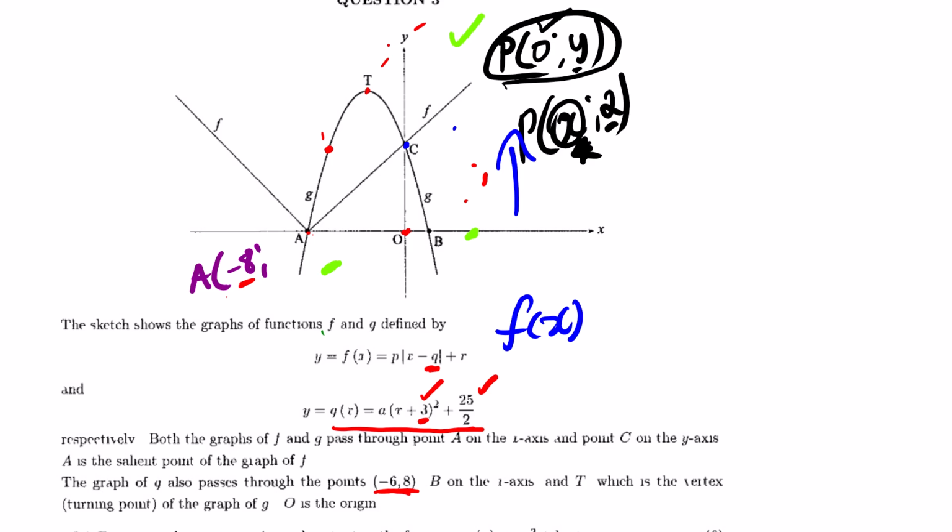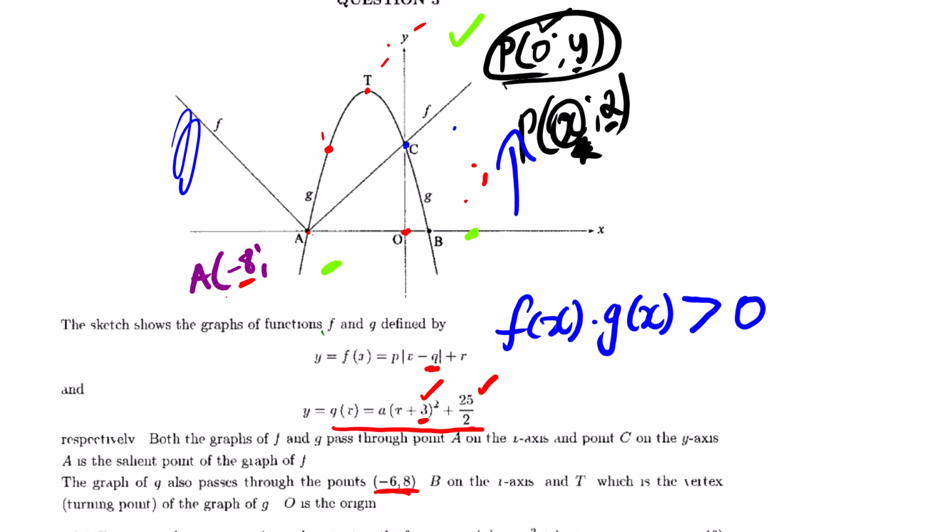In order for this inequality to be valid, greater than 0, we are looking for the region whereby these two graphs are actually on the positive side of the y-axis.